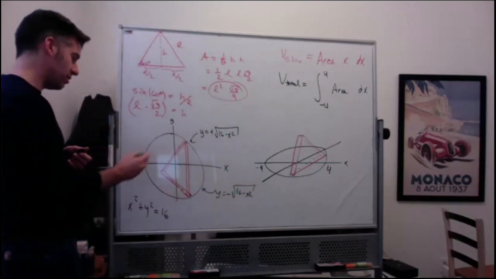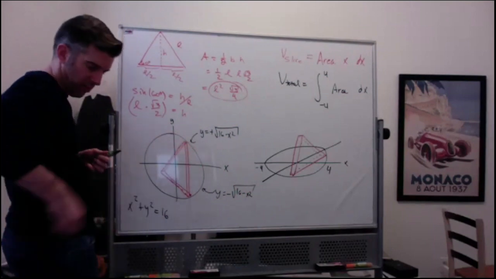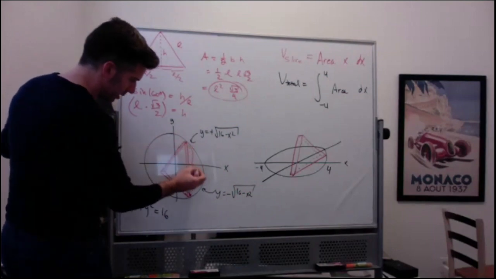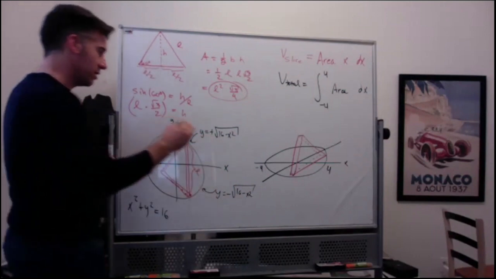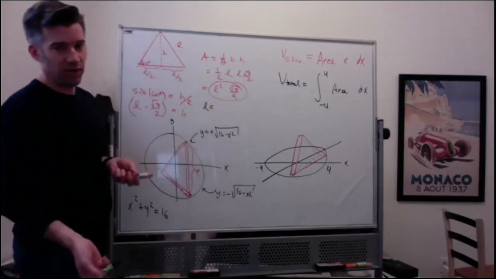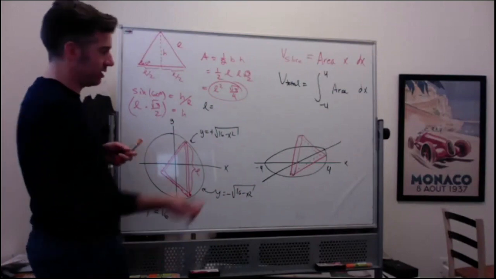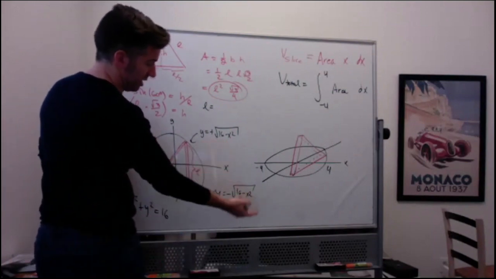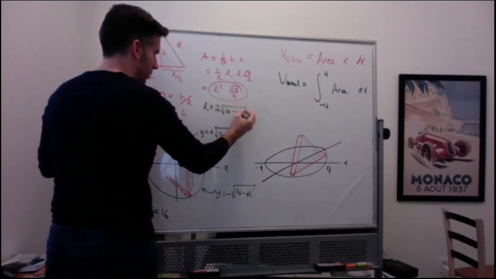And L, the length from the top to the bottom, is the top minus the bottom. You take a square root minus the negative of the same square root, you get 2 times the square root of 16 minus x squared.